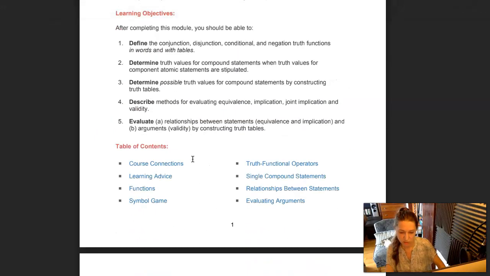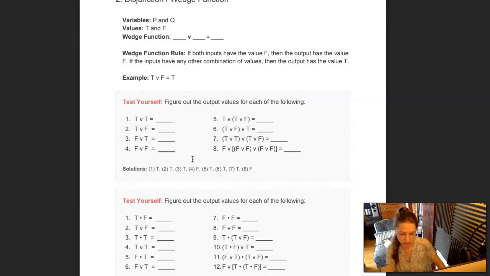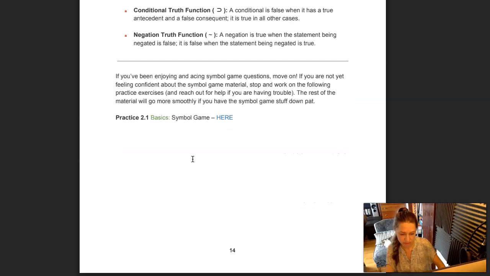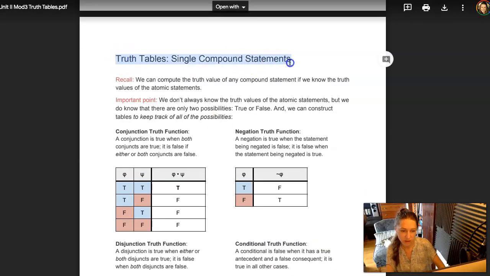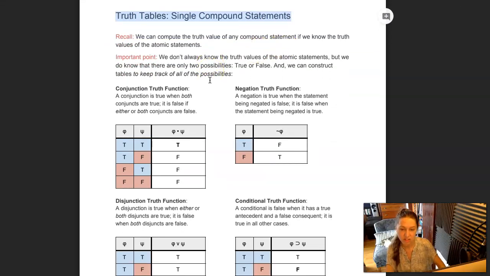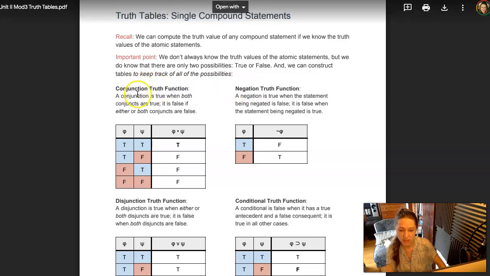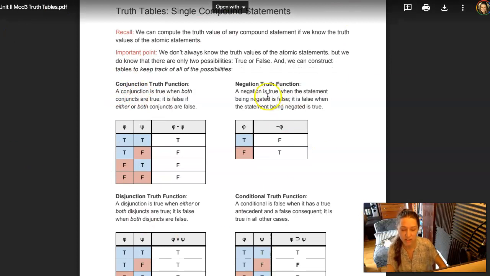Okay, so we're going to pages 15 to 22. We did all the symbol game stuff already. And now we're getting to truth tables for single compound statements. When I say you should be able to define the truth functions, the conjunction truth function, in words and with tables, consider this page 15, the definitions.